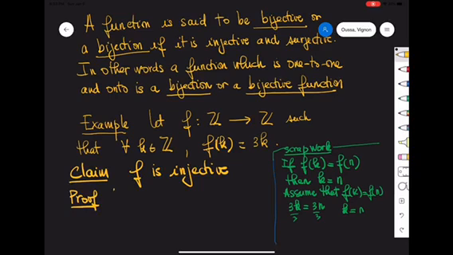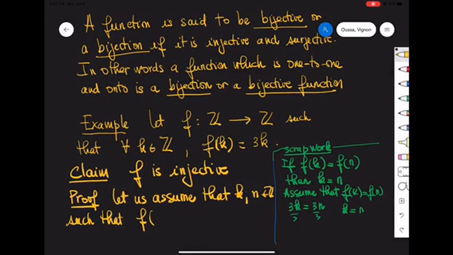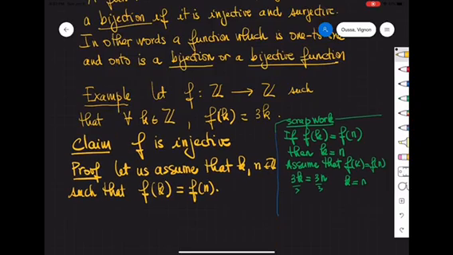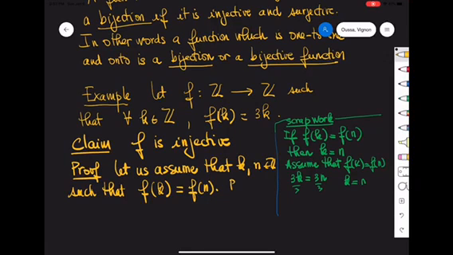Let us assume, again, this is a direct proof, that k and n are integers such that f of k is equal to f of n. By definition, 3k must be equal to 3n.